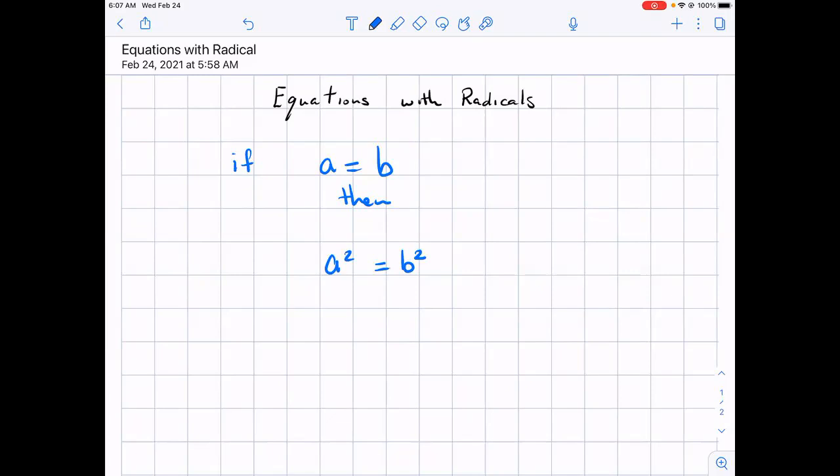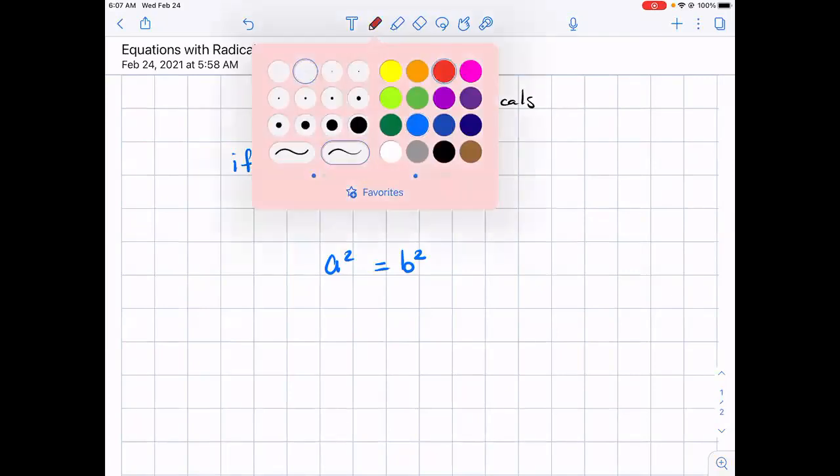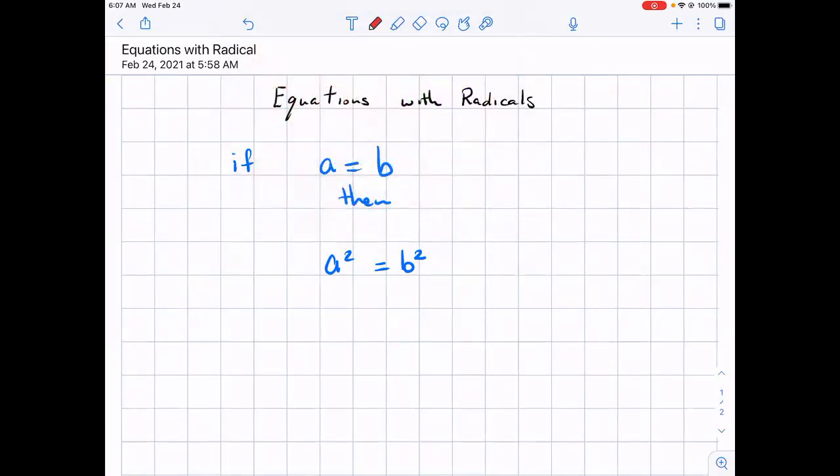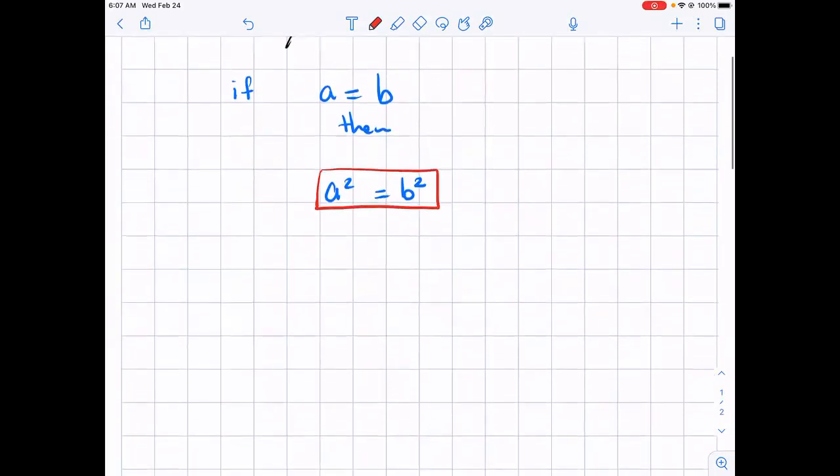But as we perform the square, when we square both sides, we may have what are called extraneous solutions. So it is very important that when you square both sides of an equation, we will have to check it.